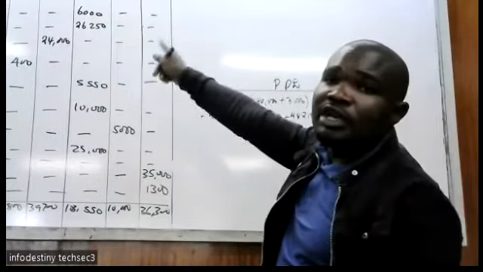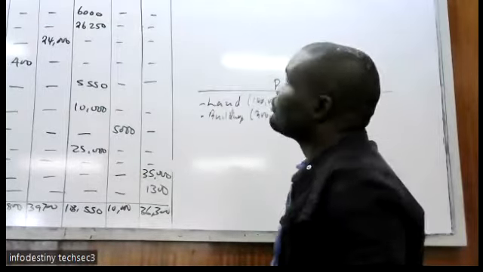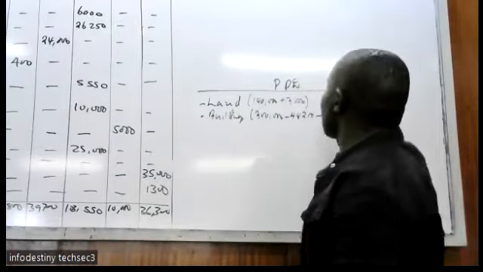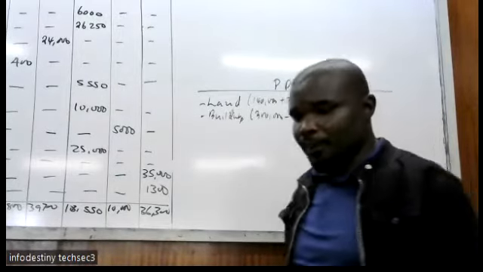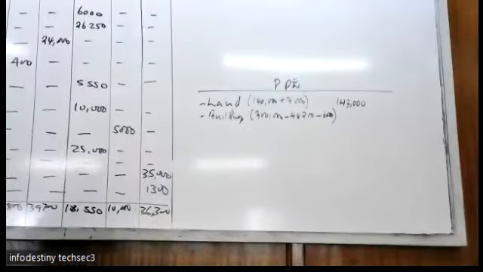Check your allocation schedule. What did you charge for buildings? 6,000. So give me that answer. 245,800.